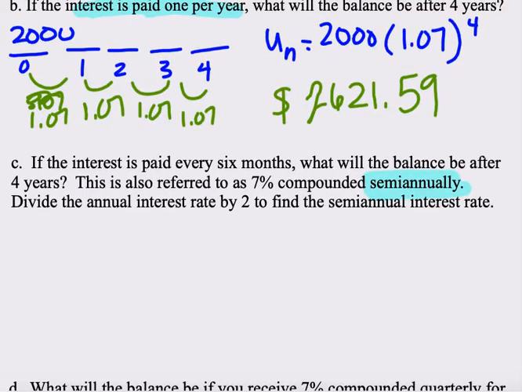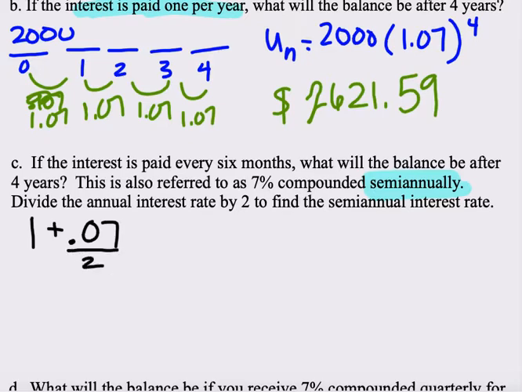All right, so what we have to do is to divide that annual interest rate by 2 to find the semi-annual interest rate. So let's practice that. We've got the 100%, the 1, and then plus that growth of 7% annually per year. But this, they're going to compound it semi-annually. So that means that 7% is divided in 2.